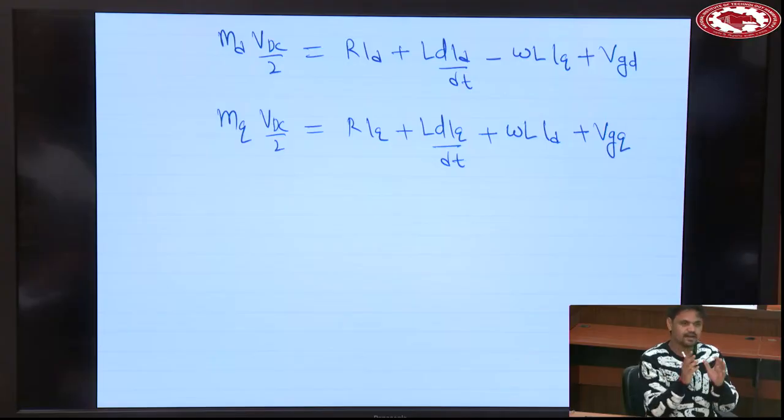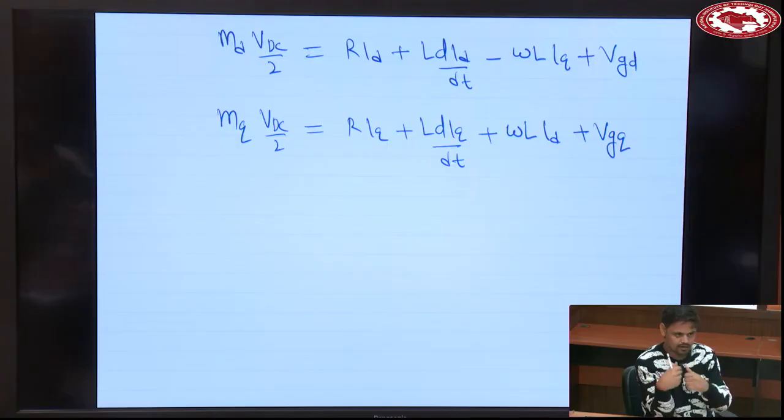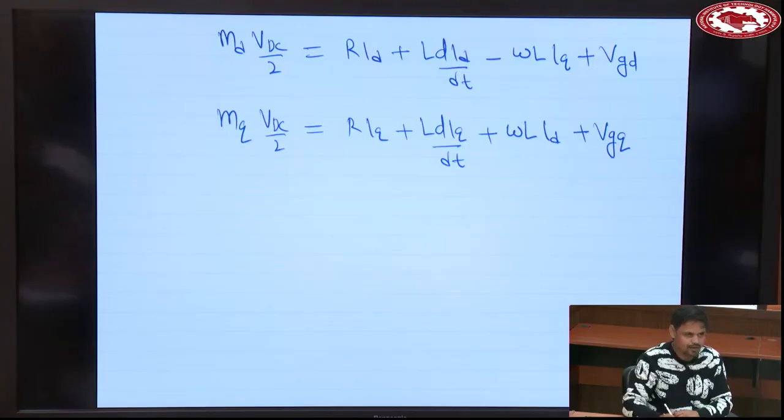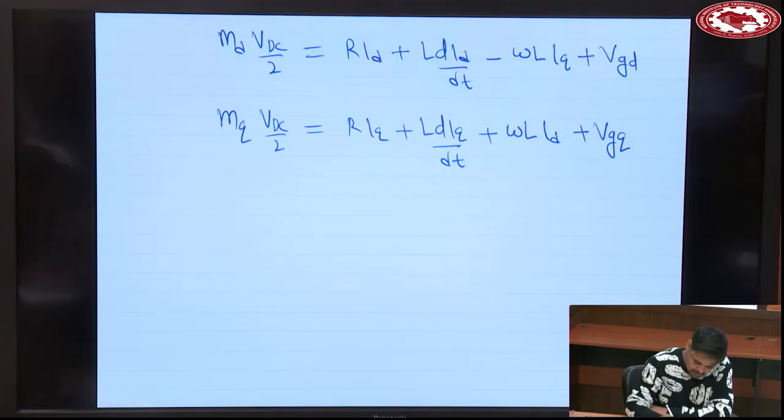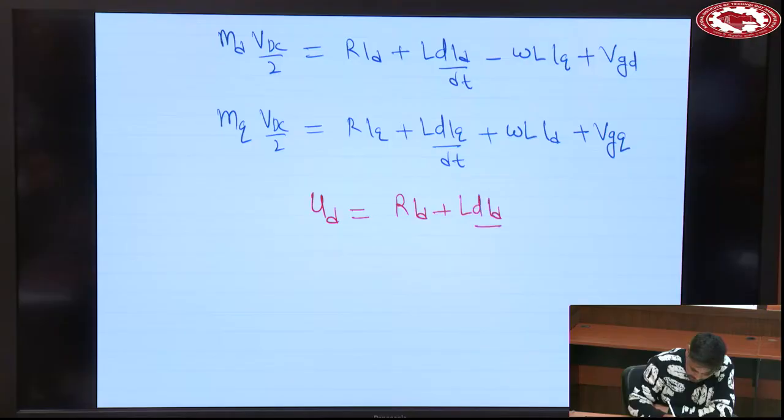So to design an independent controller for D and an independent controller for Q, you have to remove this coupling term, and these coupling terms are added as a feed forward. How is it done? They assume that the compensator is going to give UD, and UD is going to be RID plus L DID by dt. Here it is not depending on IQ.